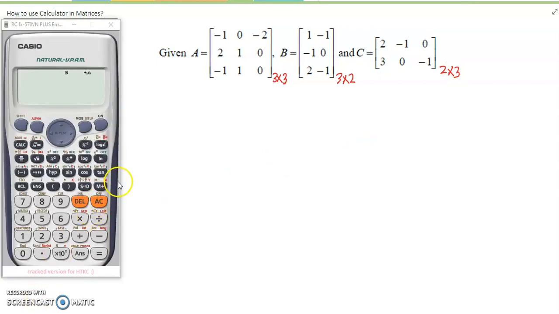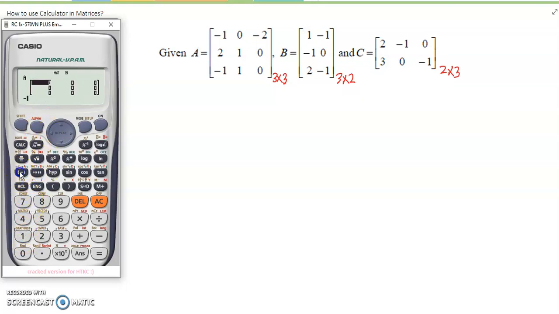Next, we are going to insert the data in the calculator. First, we go to Mode and we choose Matrix, number 6, and we choose matrix A. The dimension is 3 by 3, so we press 1 and then we insert the elements.